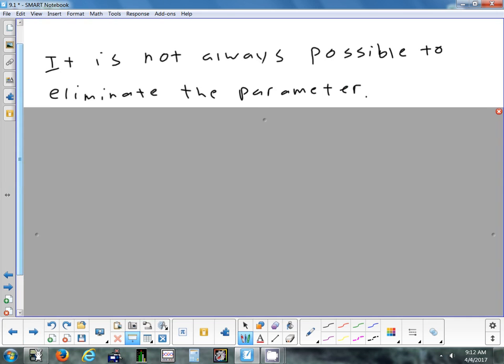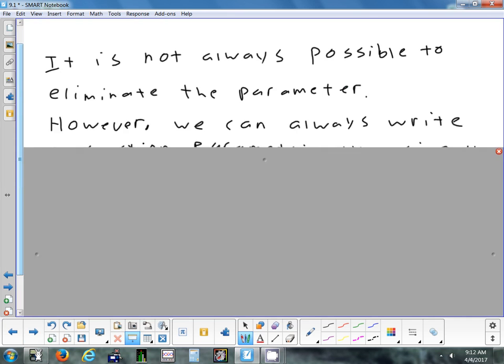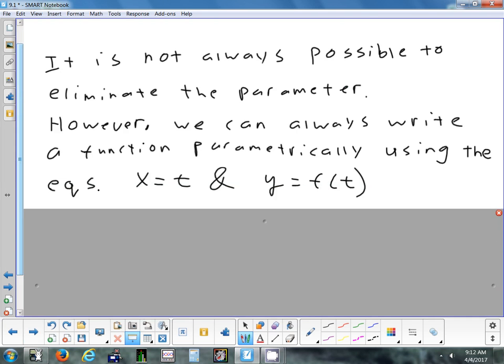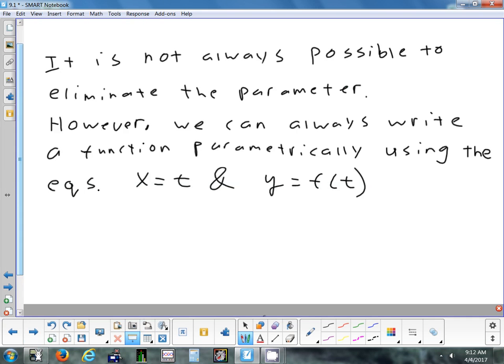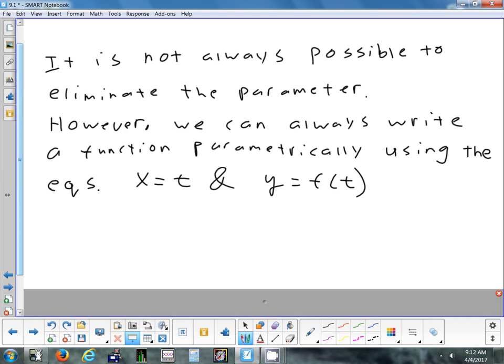So the equations I gave you work out pretty nice, but in general, it's not always possible to eliminate the parameter. If I give you a problem on a test, I will make sure that it's one you can do. But you can always do the reverse. You can always take something and turn it into parametric. Always. And the simplest way to turn something into parametric is just to use this trick.